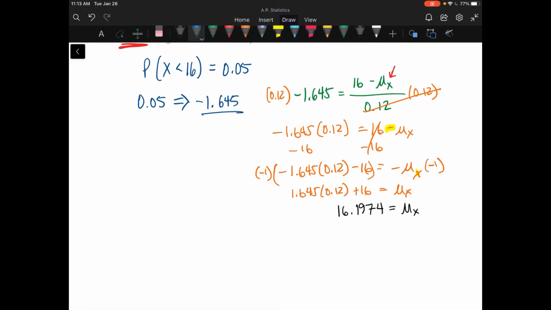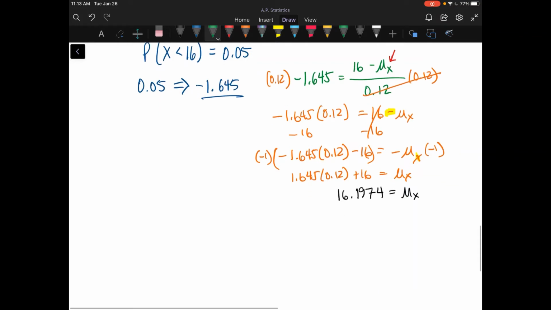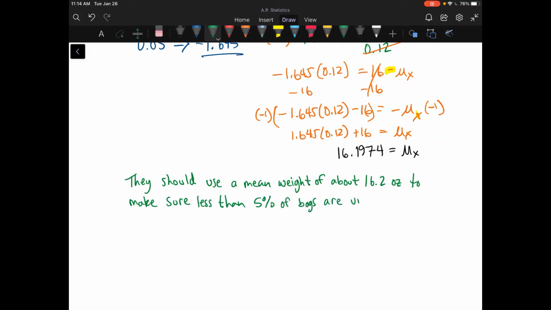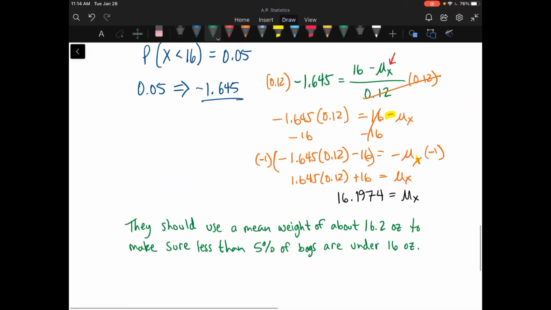Right, so then to write this out, we get the following statement. Alright, so they should use a mean weight of about 16.2 ounces to make sure less than 5% of the bags are under 16 ounces.